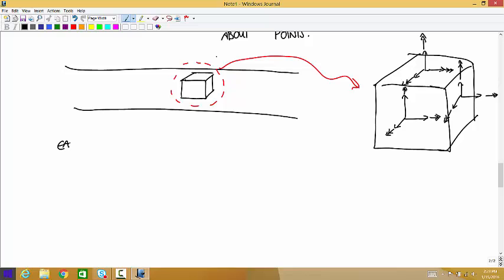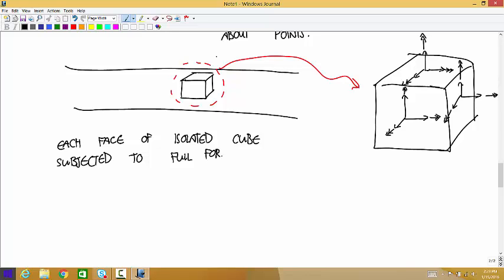So each face of the isolated cube is subjected to a full force vector and a full couple vector.